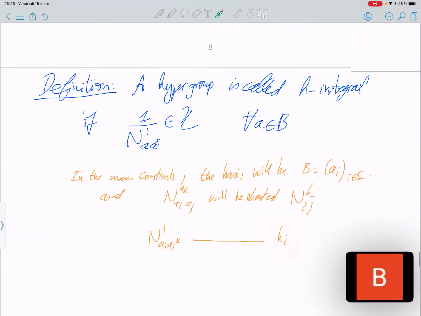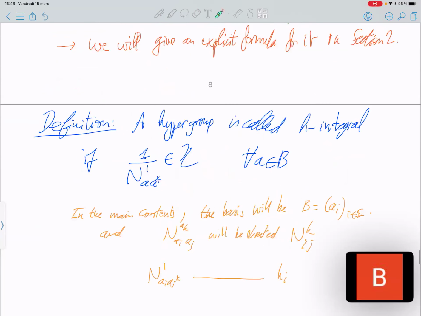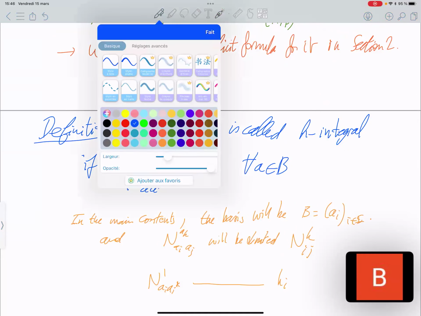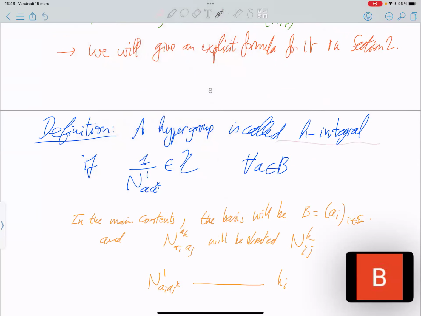So each hypergroup is H integral if all these coefficients are integer. And in fact, this notion is not true in general for fusion ring, but we will see. In fact, I will state that just now.